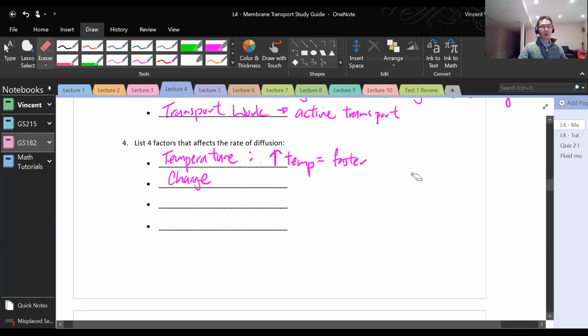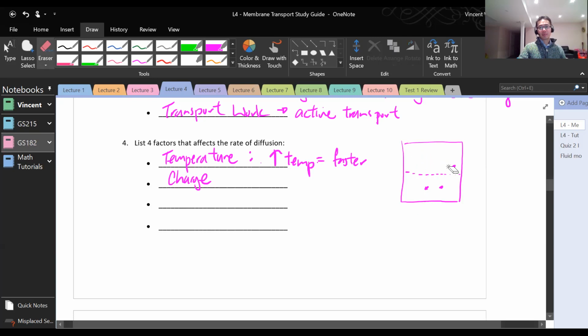Let me give you an example of charge. Let's say I have a membrane here. If I just have molecules like this, then diffusion will occur. It will go from top to bottom.